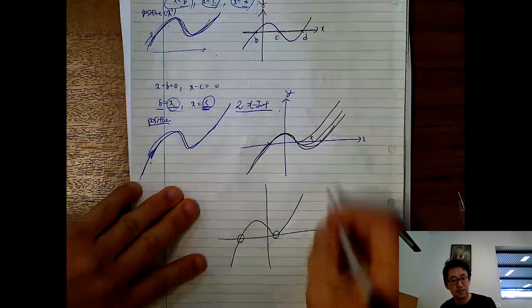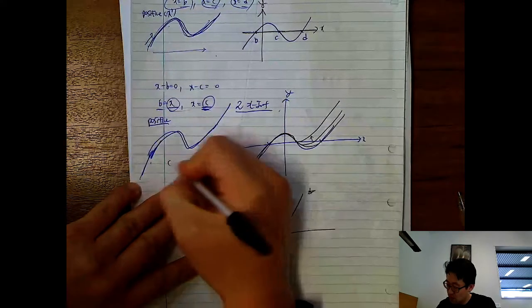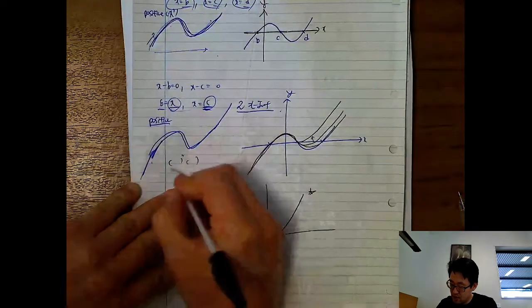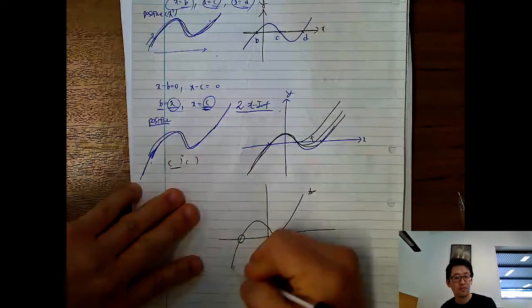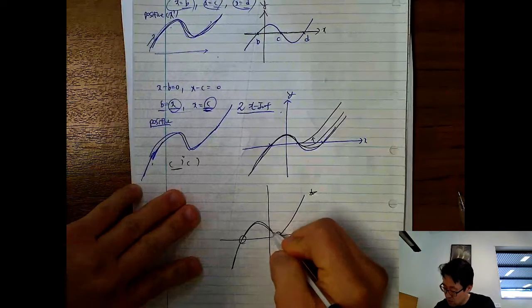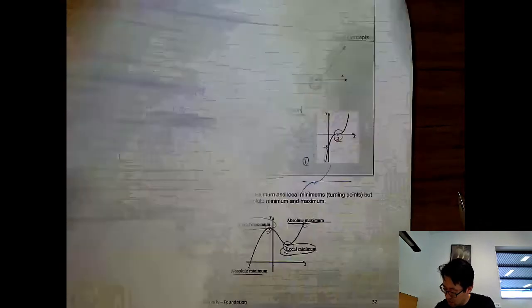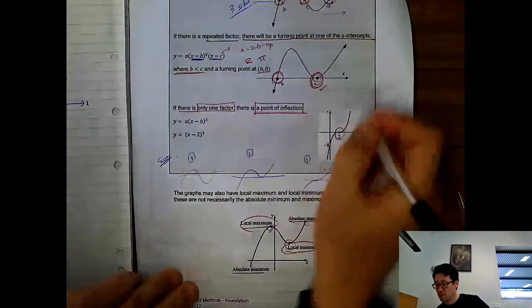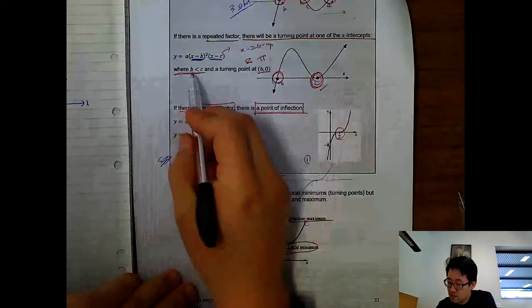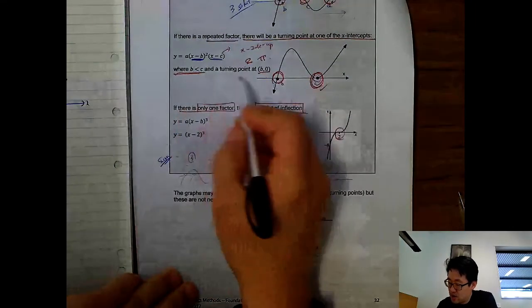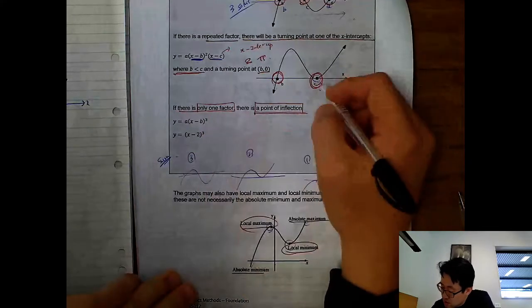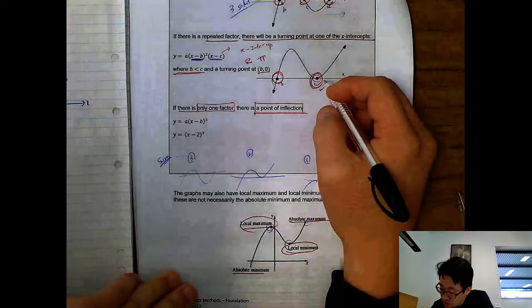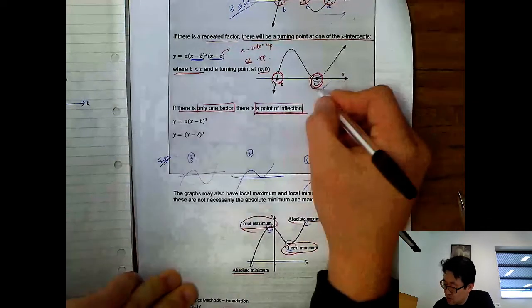Yep. So when you have two brackets, and one is repeated, squared, you will have this form. It's the same, but touching here, like this. Where B, C, yes, that makes sense. The bigger turning point is B, 0. Don't worry about that part at the moment.